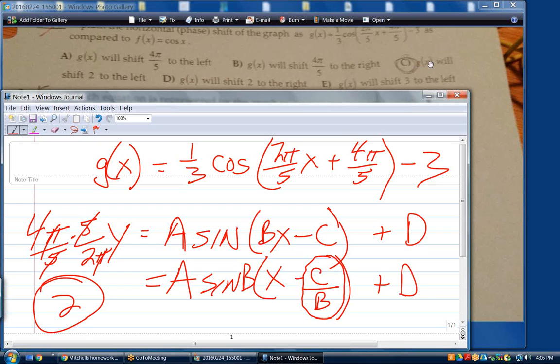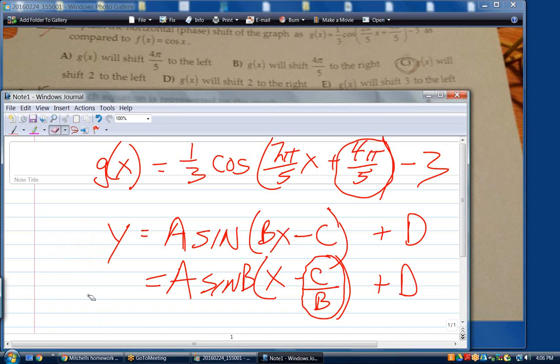Well, you went 2 to the left, but that's an easy mistake to make. You didn't make the big mistake, which is to assume that that is the phase shift, which it would be if the coefficient was 1 or outside the parentheses. So really, there's a reason why there's all these different formats in trig.